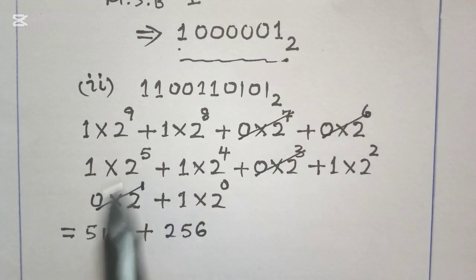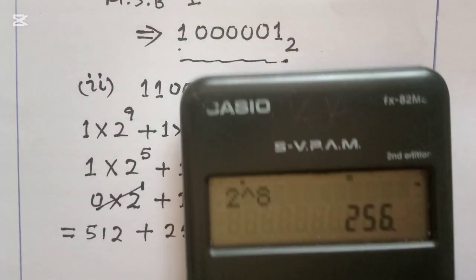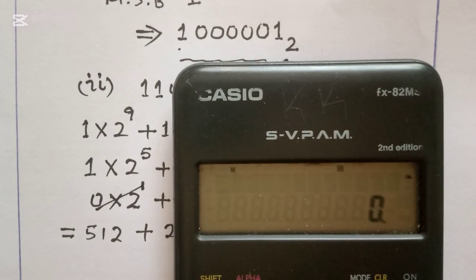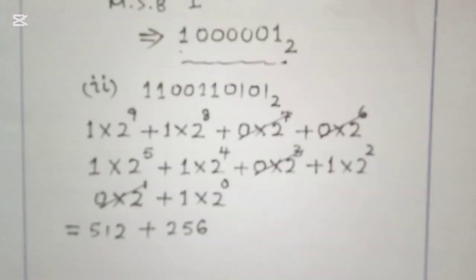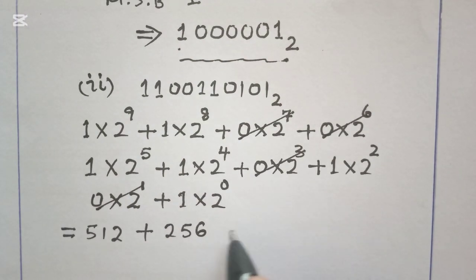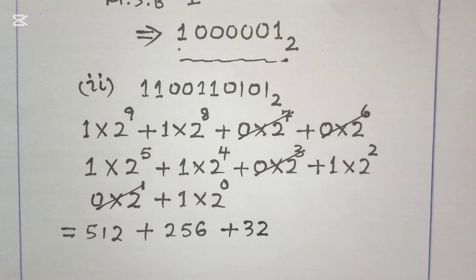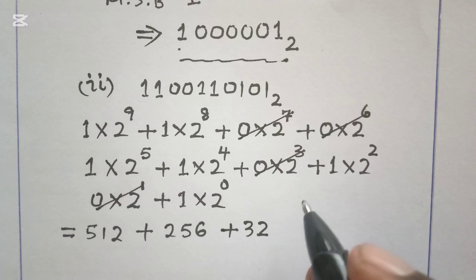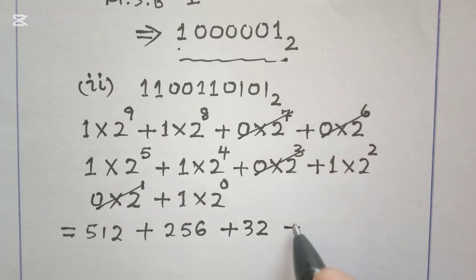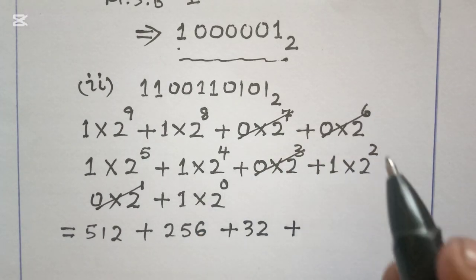We now come to this. That is 2 raised to 5. 2 raised to 5 gives us 32. Then plus 2 raised to 4.